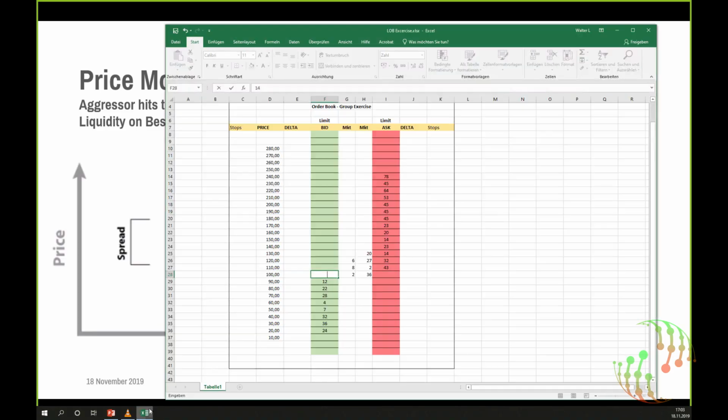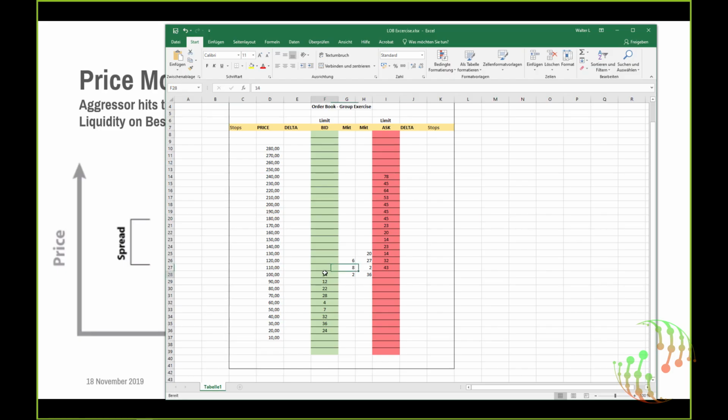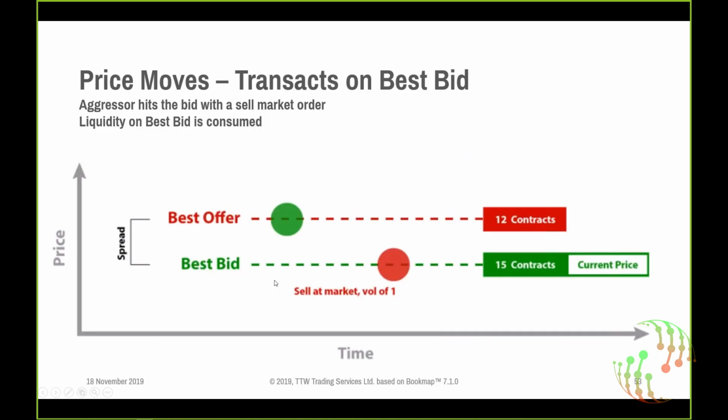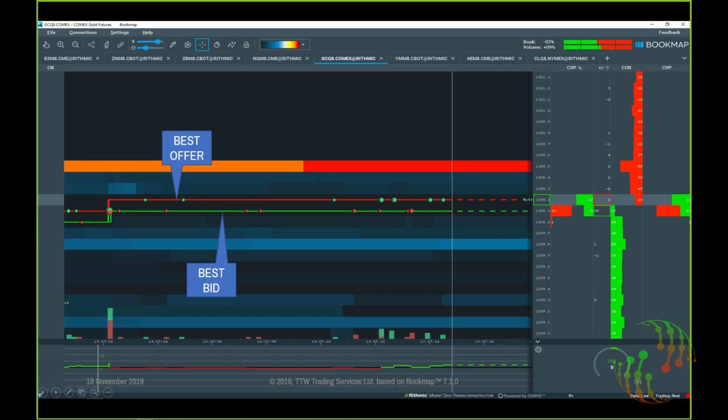The contracts are indicated either by numbers or, in Bookmap, by bullets or dots. And you will see in the limit order book exactly what is traded. That's the expression in Bookmap. You know that that's the best offer and that's the best bid.